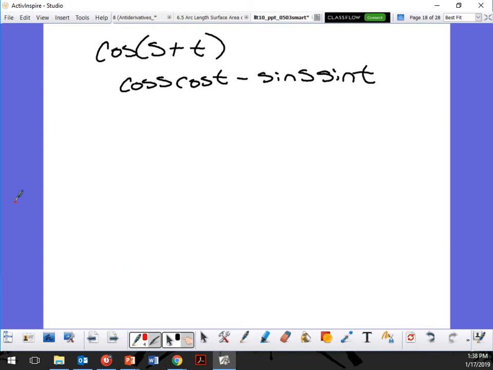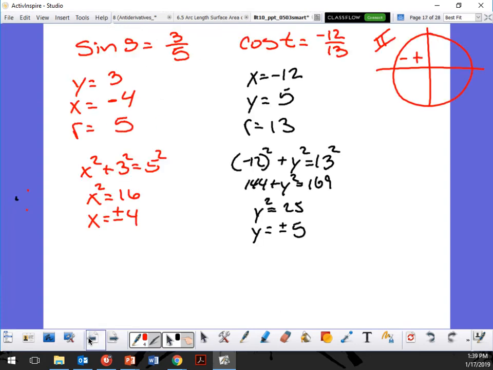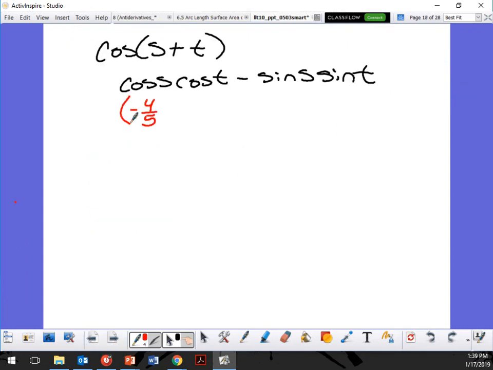Now, remember I told you, pay attention to your x's, y's, and r's. So, cosine of s. What was it? It was negative 4 over 5, wasn't it? Let's look. I'll back it up. Here's my s's. Yeah, my s was negative 4 over 5. Times.